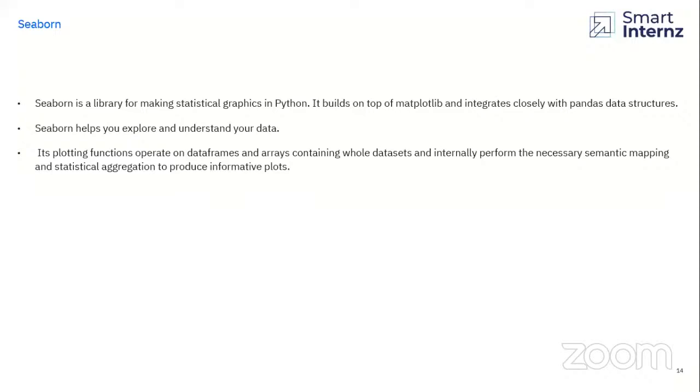So with Seaborn, we closely work using Pandas data structures. Its plotting functions operate on data frames and arrays containing whole data. It internally performs necessary semantic mapping and statistical aggregation to provide us with very informative plots.